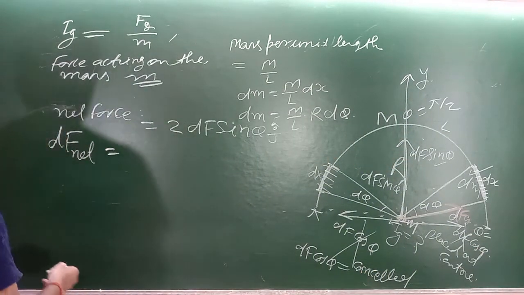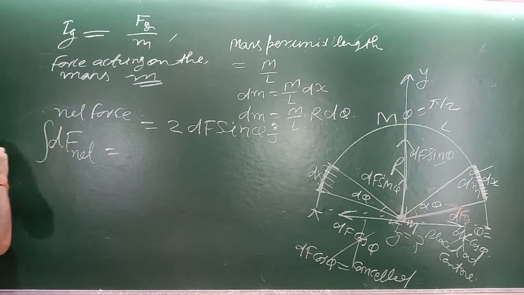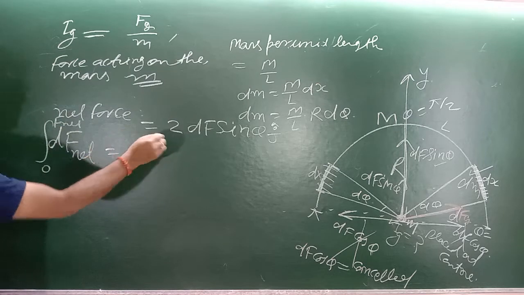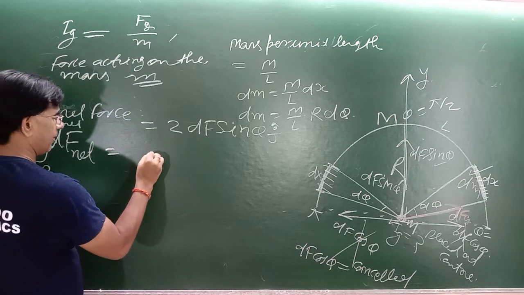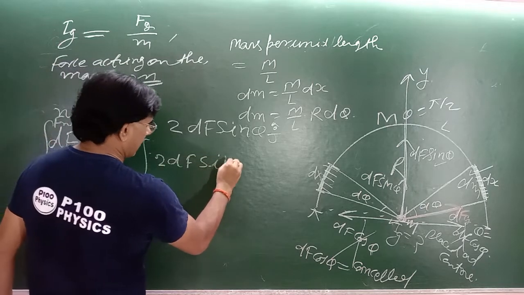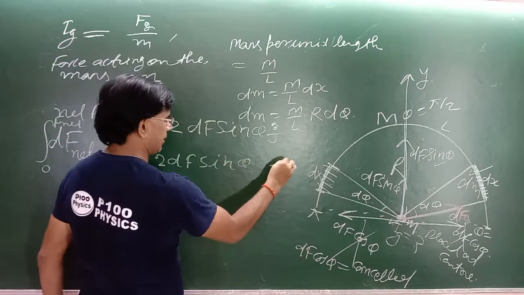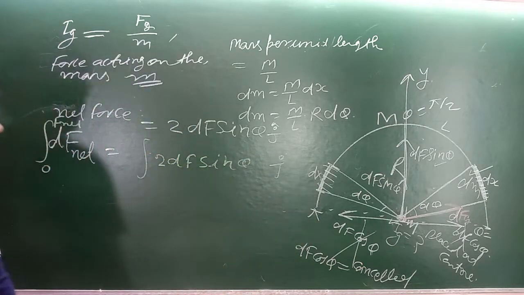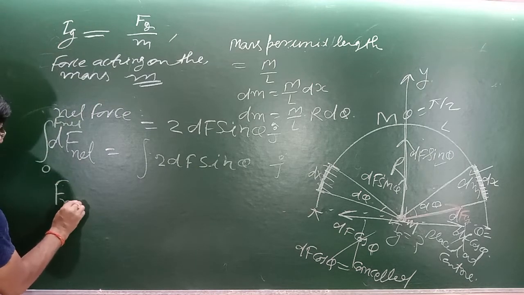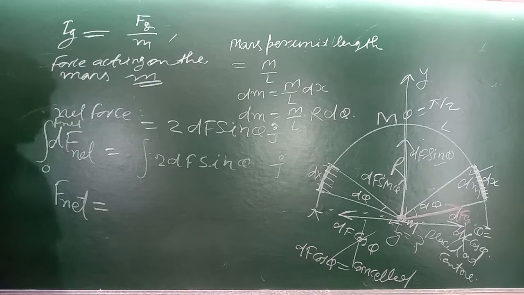Integrating this from 0 to f net, and here this will be the integration of 2 df sin theta and j. This is the vector, which shows the direction. Therefore F net will be how much?